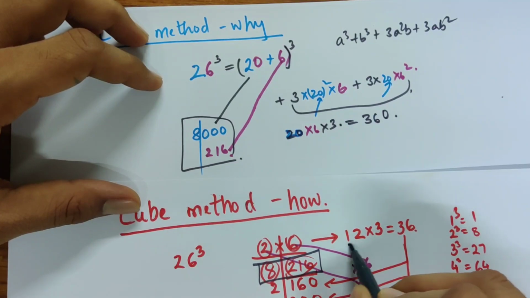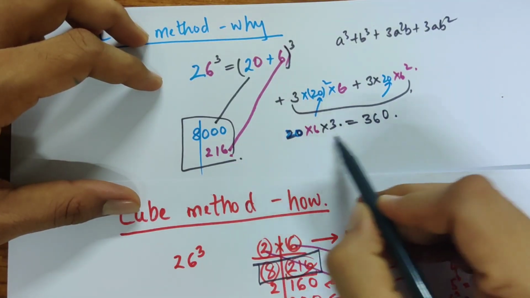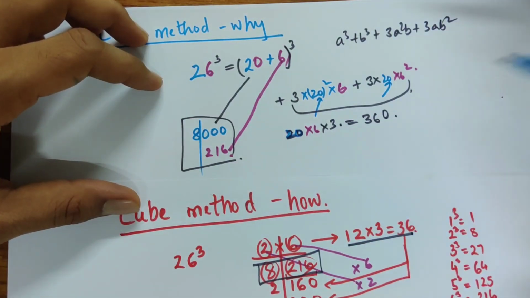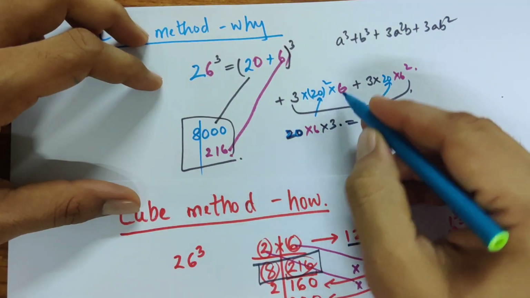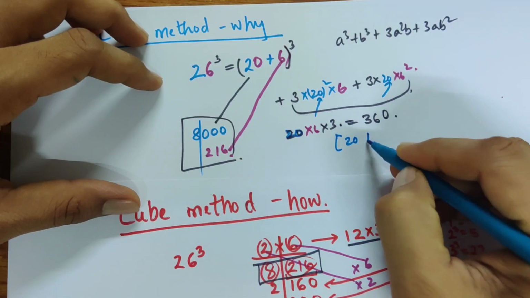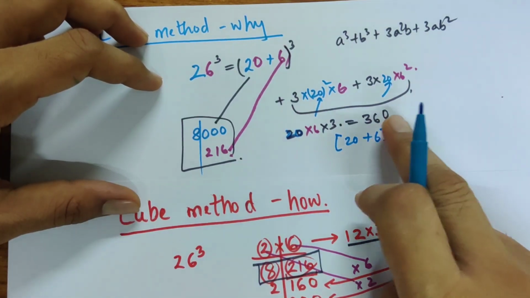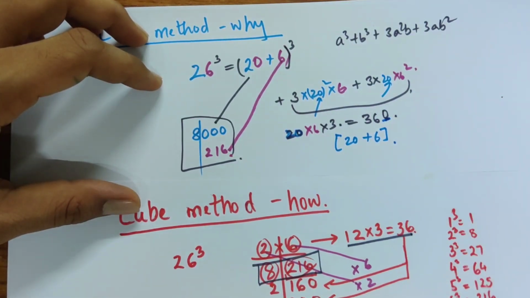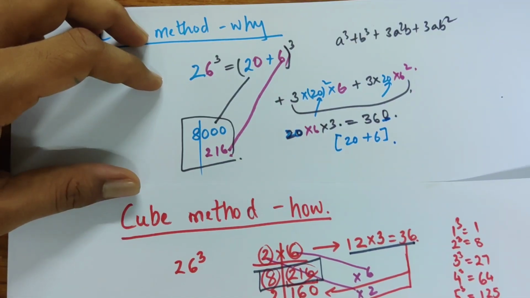Right? So the next step was this, where we basically took what was common. If I remove what was common, 20 times 6 times 3, then what is left is I need to multiply by 20 and I need to multiply by 6. But remember, this already has a 10.